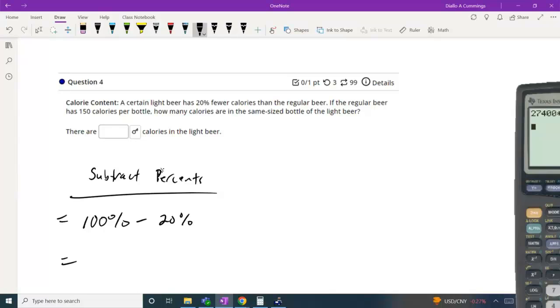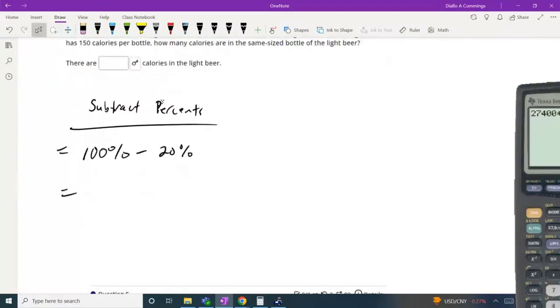Because it's 20% fewer. So I'm going to subtract 20%. So if I change both of these to decimals, well, 100% as a decimal is 1. 20% as a decimal is 0.2. And if you subtract, we get 0.8.